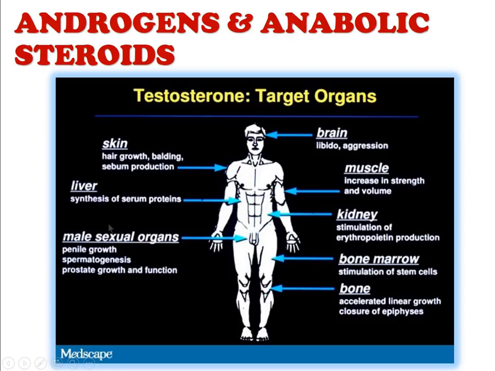In addition to the androgenic effects like male sexual growth, it also has effects on the brain for libido, increased muscle strength, bone marrow stimulation of stem cells, production of certain proteins, and hair growth. So you see that it's not just a male gonadal hormone; it has multiple other effects too.